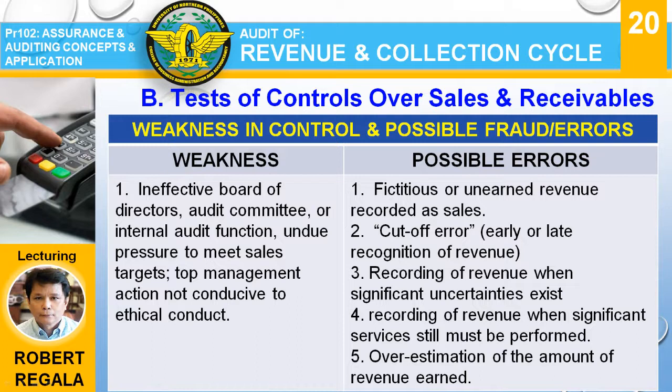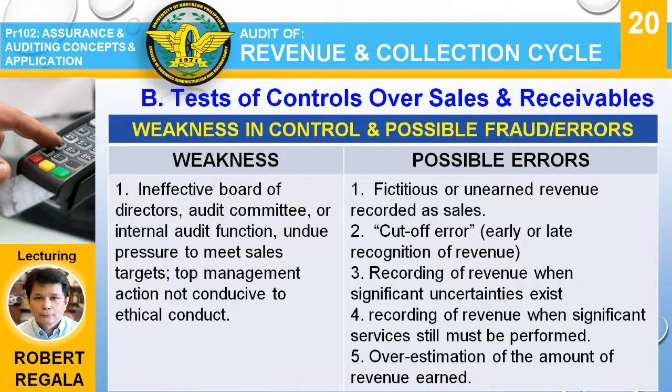And yet another effect of this first weakness would be the possible recording of revenue when significant uncertainties exist. For example, recording sales when the customer is likely to return the goods. Also, it might lead to recording of revenue when significant services still must be performed by the seller, as when recording franchise revenue when the franchises are sold, even though an obligation to perform significant services still exists.